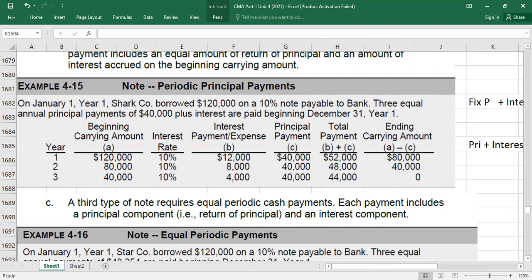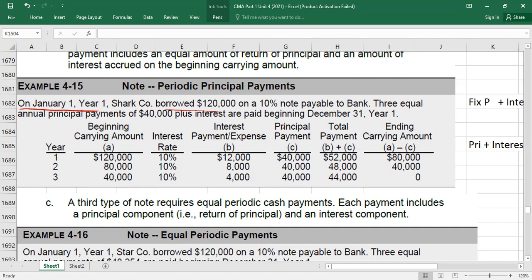Ready? Because this kind of question can be given in the exam, and maybe they will ask you to calculate interest expense, amount of installment, or principal settled value. So here we go. On January 1, year 1, A company borrowed $120,000.